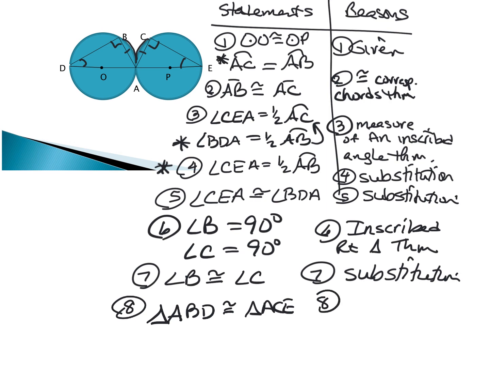And that reason, angle, angle, side. I could have also brought in that each radii is congruent, showing that adding the two radii together makes two congruent pieces. I could have shown hypotenuse leg here as well. Multiple different ways of going back and proving these two triangles are congruent. This is just one way.